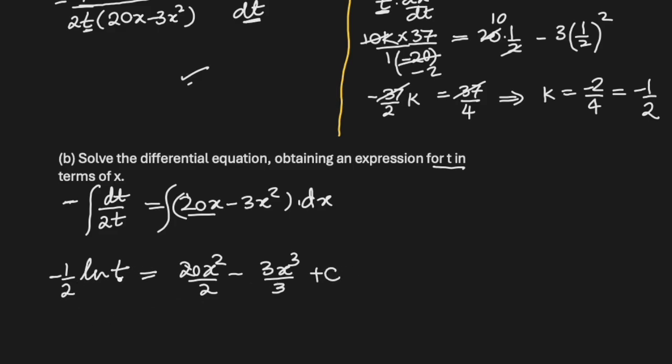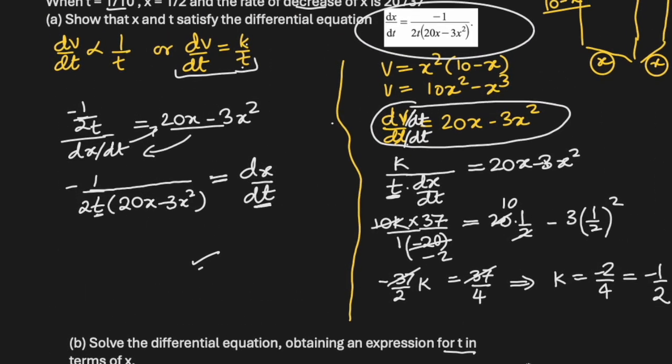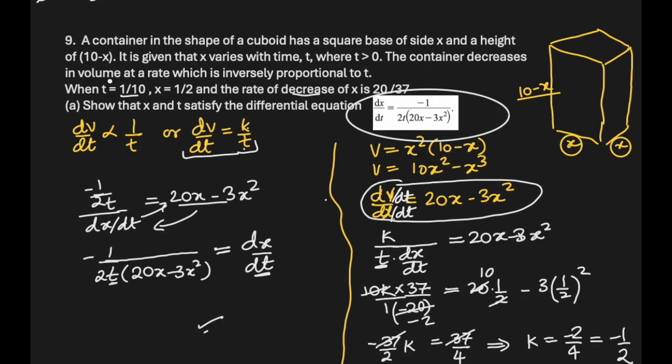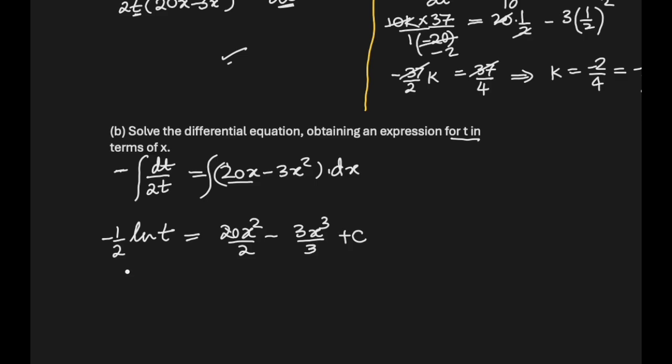I didn't write c here because both of them will give a constant. All right. So now, can we get c here from here? So we can use this one. When t is 1 over 10, x is half. This is what we can use. So minus half, when t is 1 over 10, x is half. So this cancels, so 10 half squared.